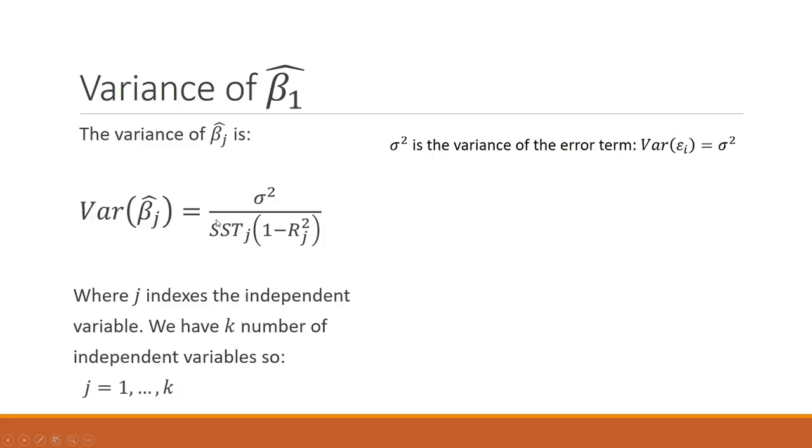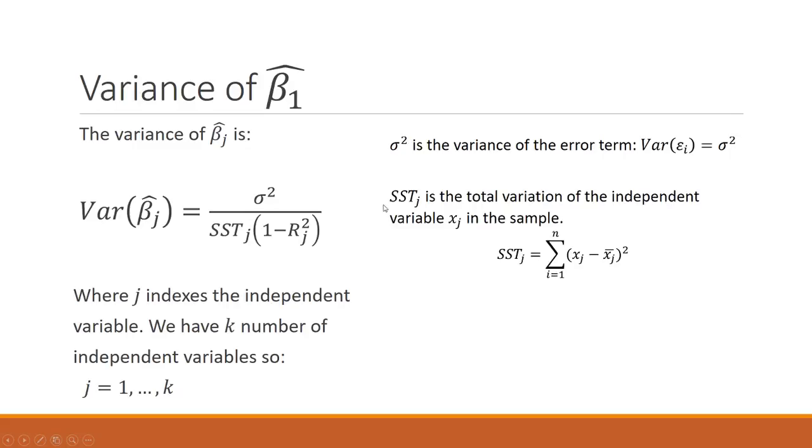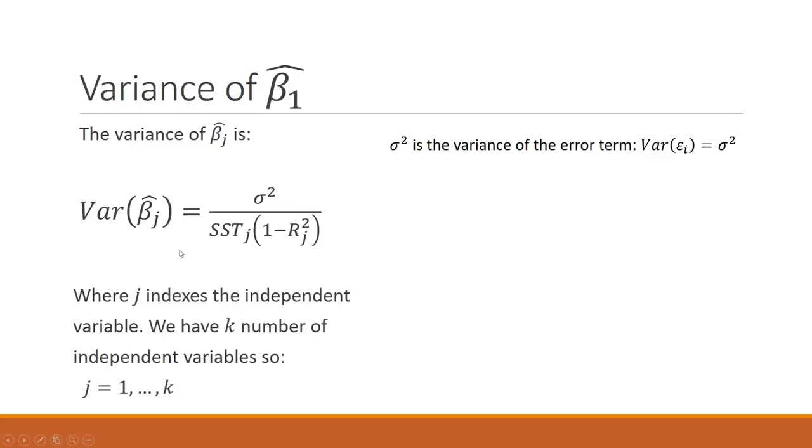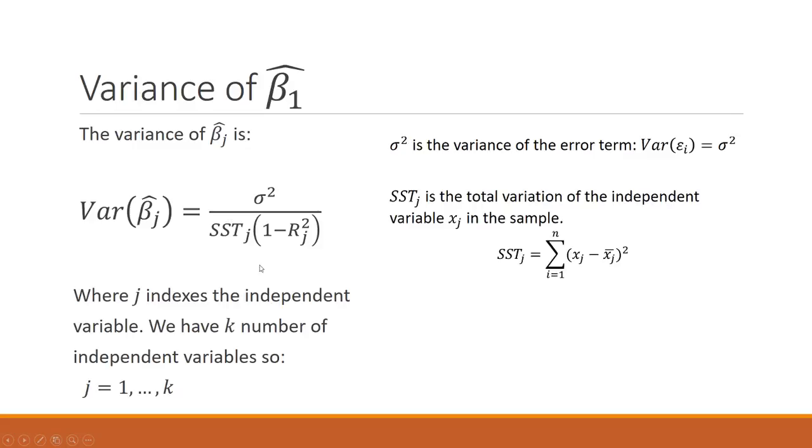Let's fill in the blanks. Sigma squared is the variance of the error term. So the variance of beta j hat is a function of sigma squared. SSTj is the total variation of the independent variable xj in the sample.